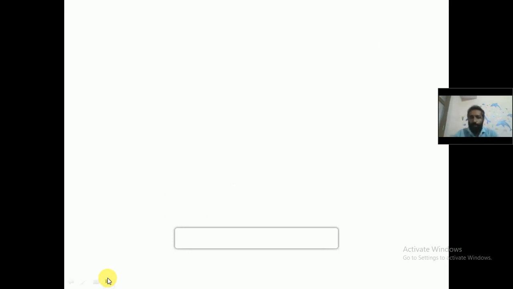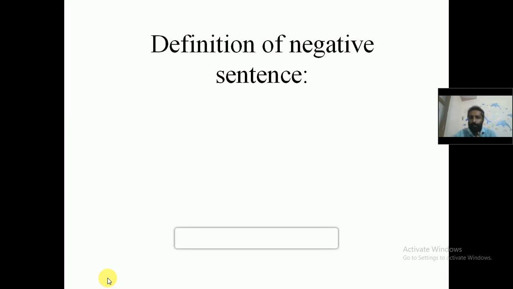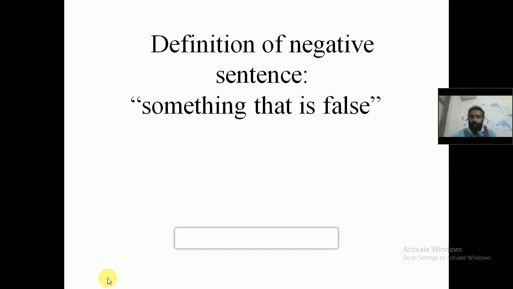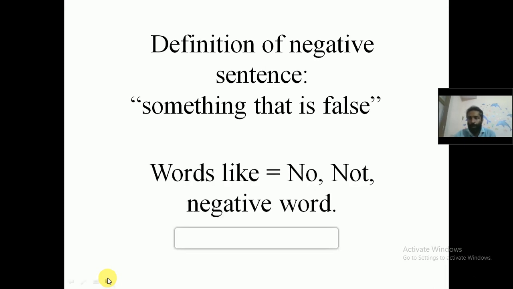Now let's see what you mean by negative sentence. What is the definition of negative sentence? It is defined as something that is false, something that is not true. And how can you understand this is a negative sentence? Negative sentences will contain words like no, not, or a negative word.